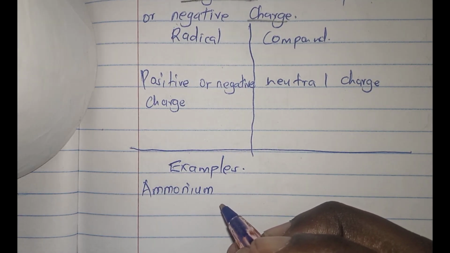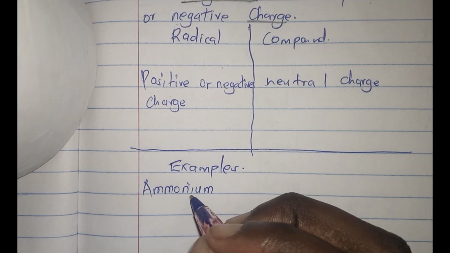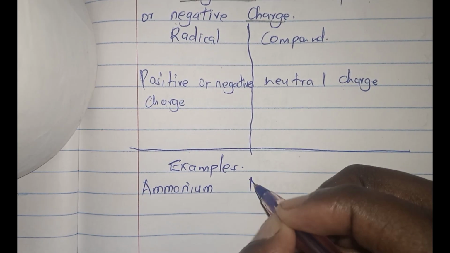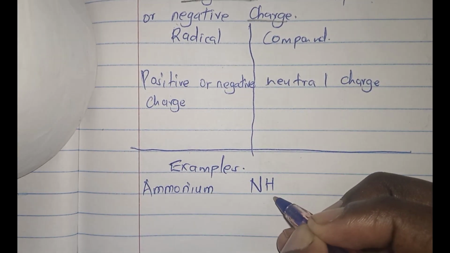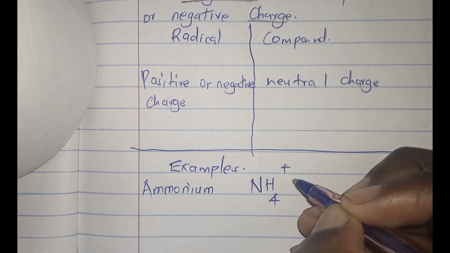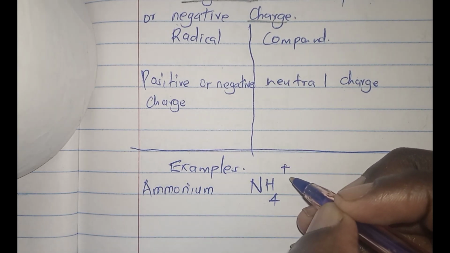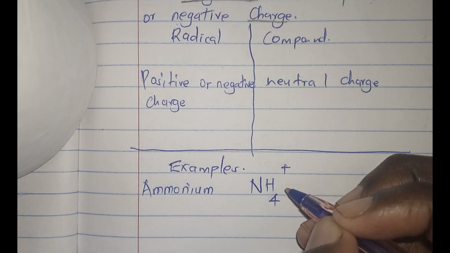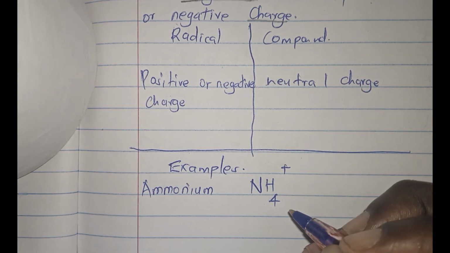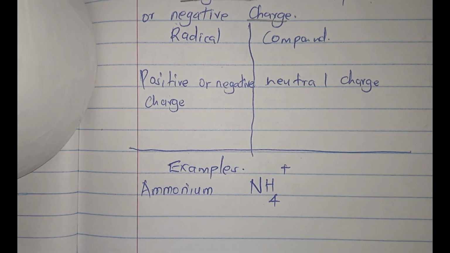Ammonia is not a radical, but ammonium, with an IUM, is a radical, and it's written as NH4 with a positive charge. Remember, a radical must have either a positive or a negative charge to qualify as a radical.